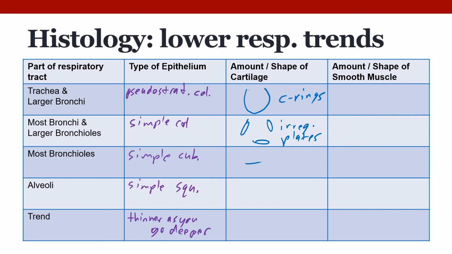We have none in the most bronchioles category, and of course none in the alveoli. So the cartilage trend is less cartilage as you go deeper.